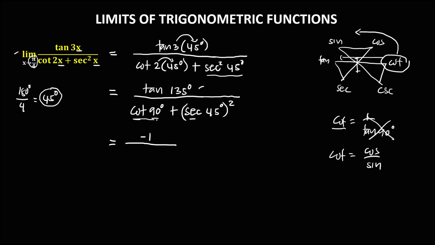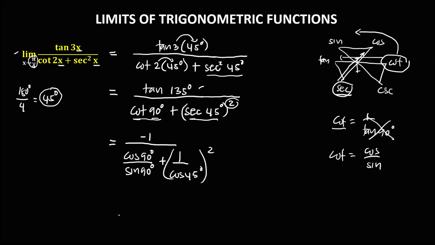So cotangent 90 degrees is equal to cosine 90 degrees over sine 90 degrees, plus, for the secant 45 degrees, we can use 1 over cosine. So secant 45 is equal to 1 over cosine 45 degrees, to the power 2.